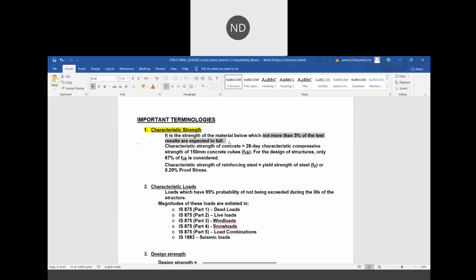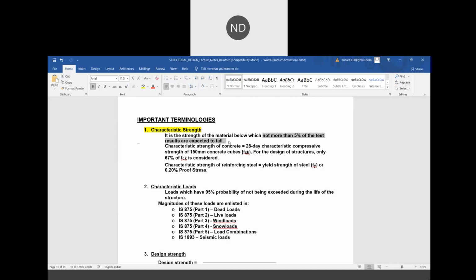Below this strength, that means 9 kilonewton, 8 kilonewton, not more than 5% of the test results are expected to fall.